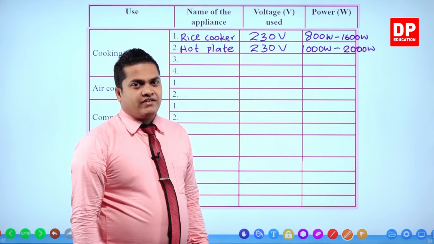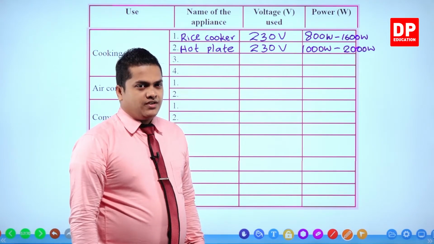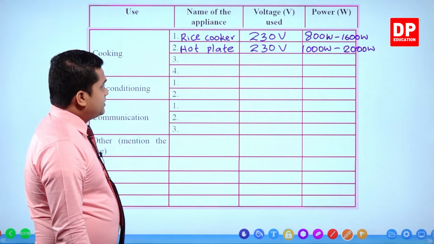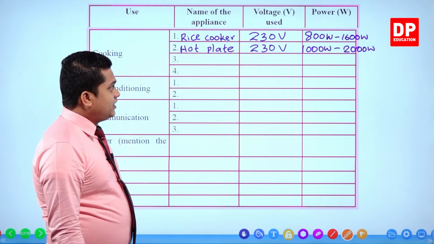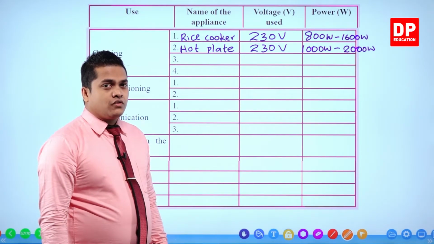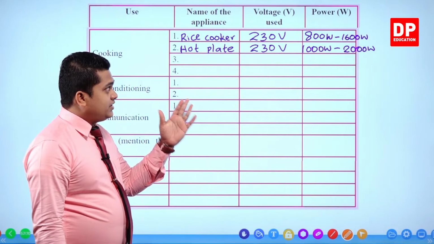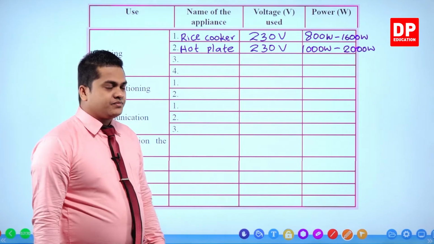So 2.5 kilowatts means 2500 watts. Okay, right? So you can see that when using a rice cooker and a hot plate, a large amount of electricity is getting wasted. As you can see, the watt value is very high in these instruments.